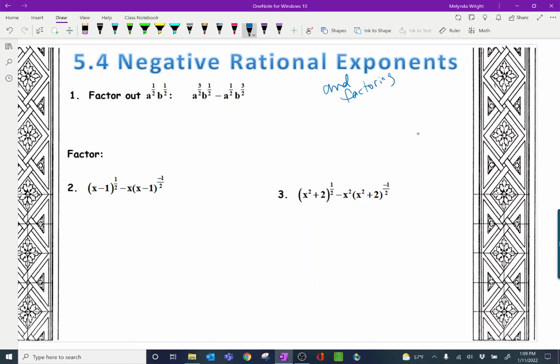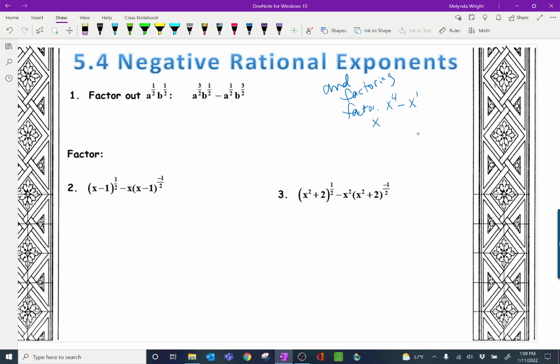So if you recall, let's just think back to previous factoring. If you were asked to factor, say, x to the fourth minus x to the first, what would you do? Well, you would look to see which of the exponents was smaller, and then you would factor or divide that out.